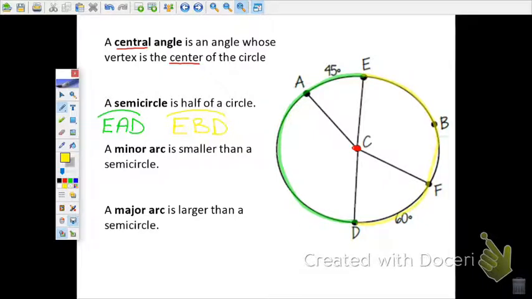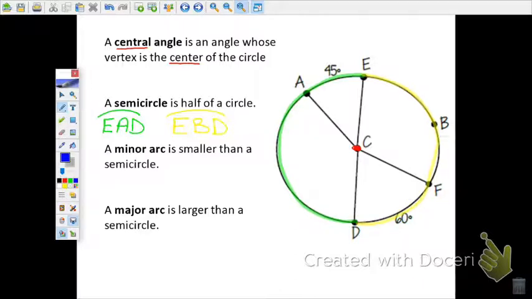So there are lots of examples of minor arcs in our diagram. What would be one example? EC or EBF. So again, we're only using 2 letters when we name a minor arc.